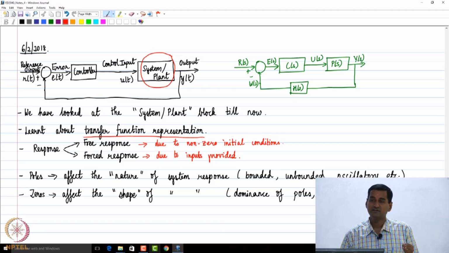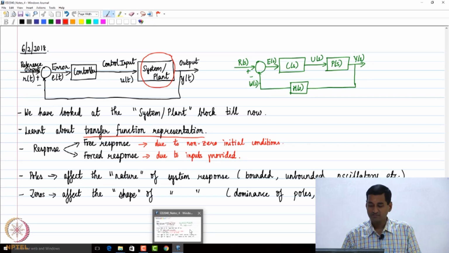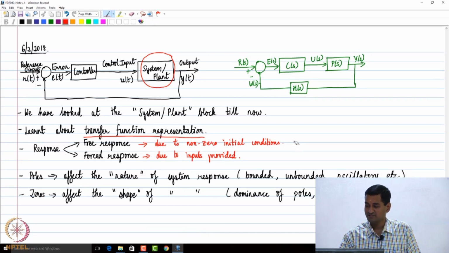The first rationale is that we want to look at what happens when we provide inputs to the system. That is our primary motivation: how do specific inputs affect the output of the system? That's why we want to use the transfer function representation.